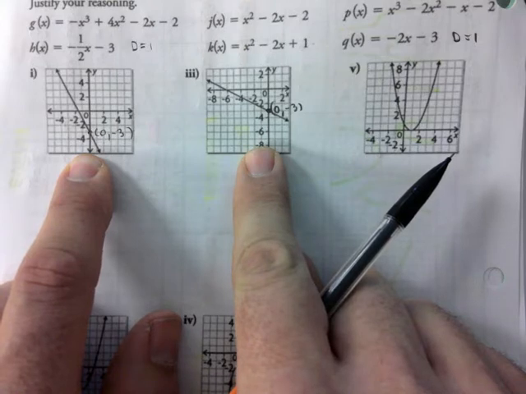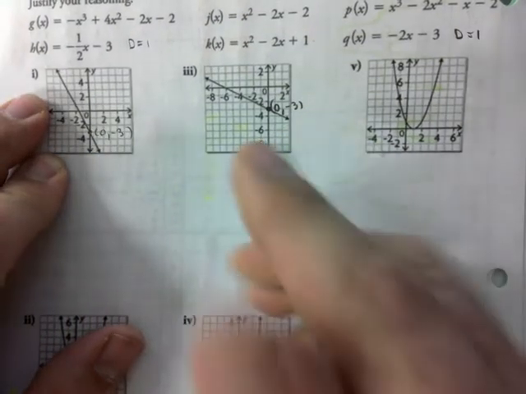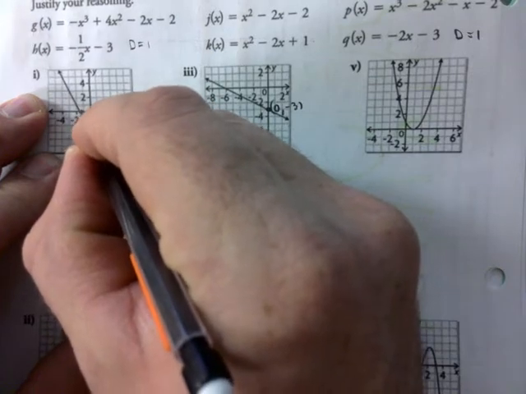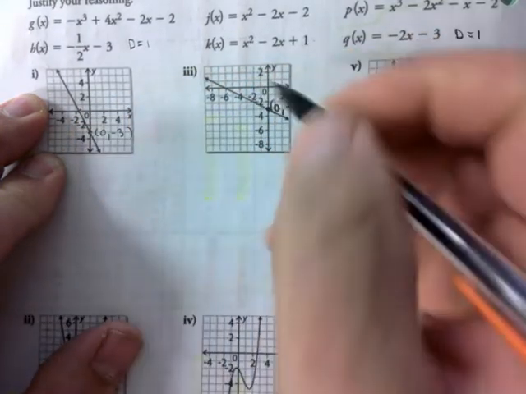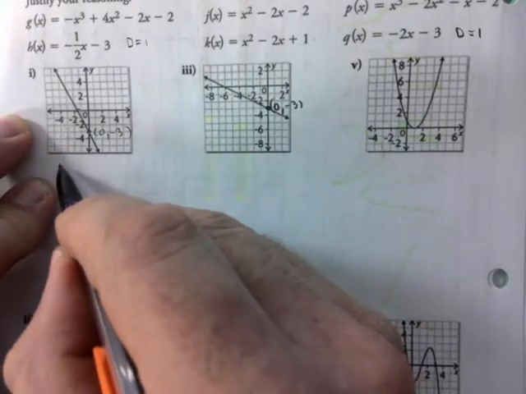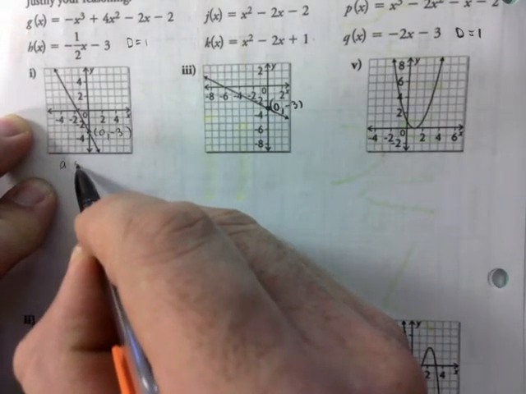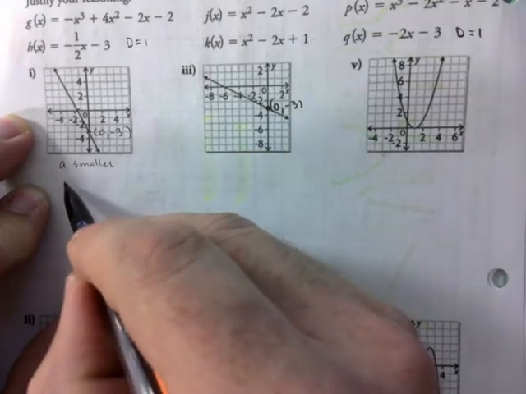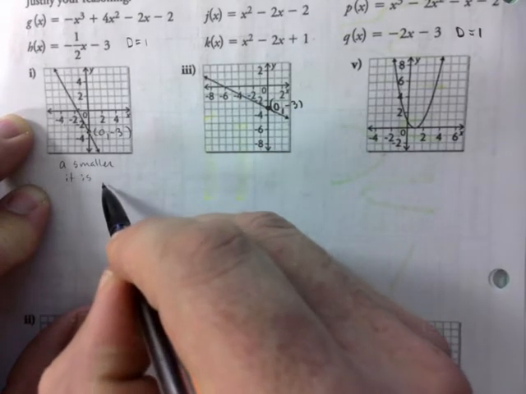You can do a few things here. If you just plug in a value, for example, this one right here is negative. This is -1.5, right? But I would say this: if a is smaller, it is flatter.